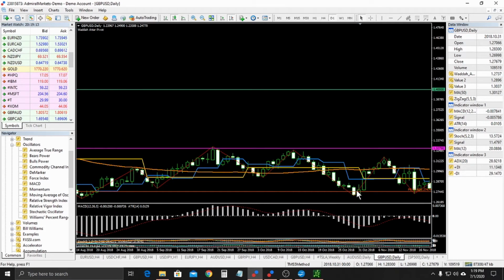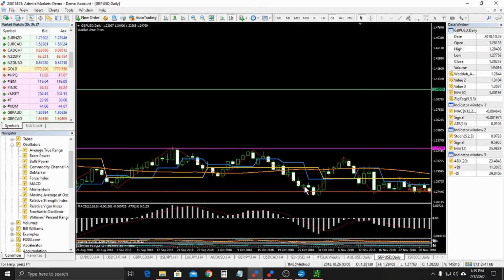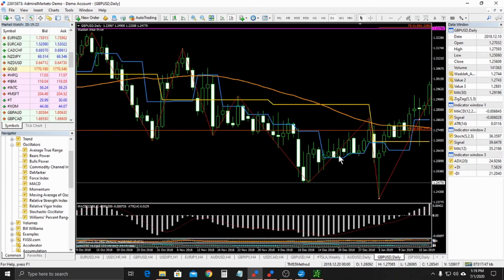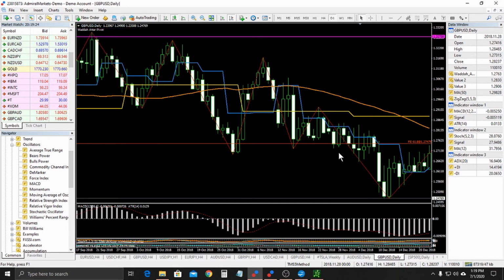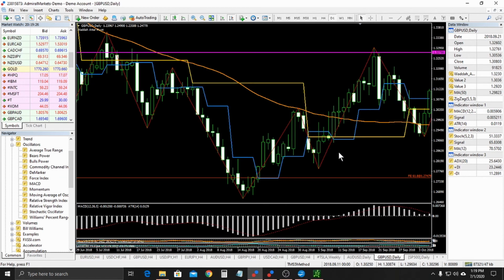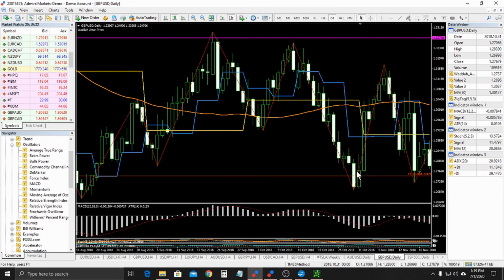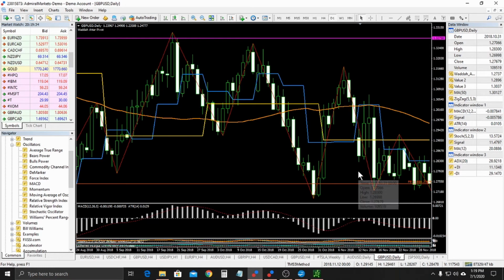It hits it again, and what it does is it actually uses this as support for a little while, which is pretty decent. Of course, as you can see, it does break through a little bit, but it comes back, it hits that again, and then there's a bit of a rejection.